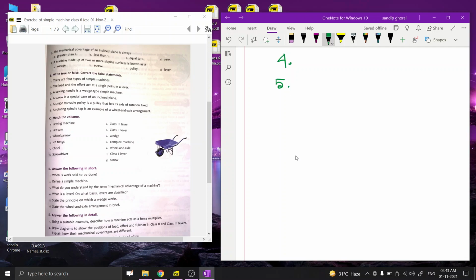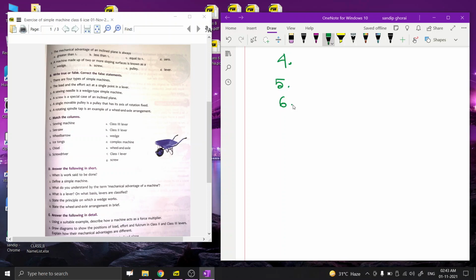Now we move to our next point: state the wheel and axle arrangement in brief. In your previous class we discussed what the wheel and axle system is, so you have to discuss it in brief.